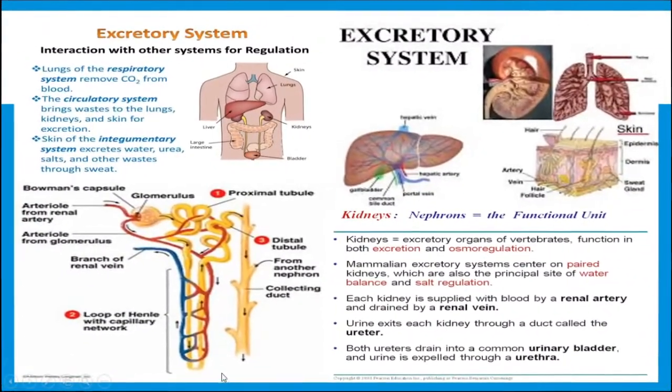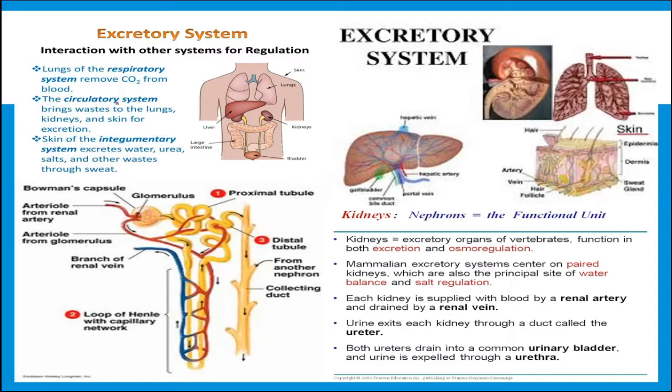In this slide we can see different parts of the excretory system of human beings. The excretory system involves the kidney, this is the liver, lungs and skin. All of these are organs which help in the process of excretion.